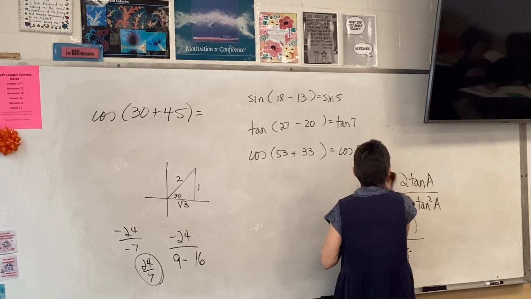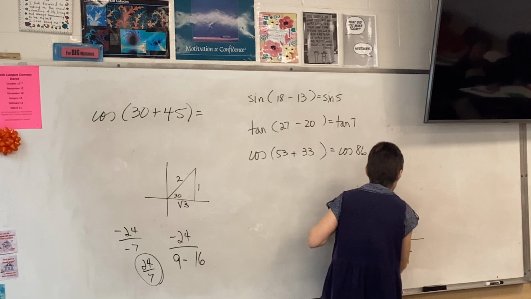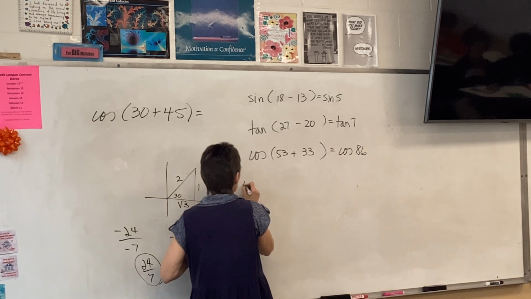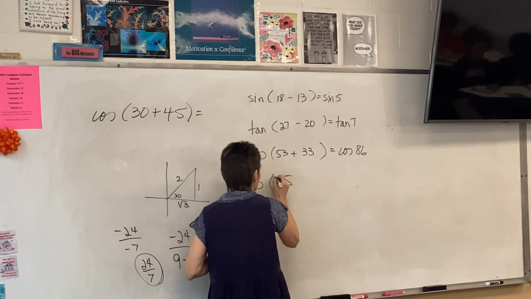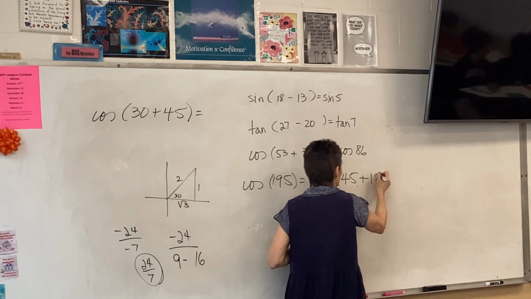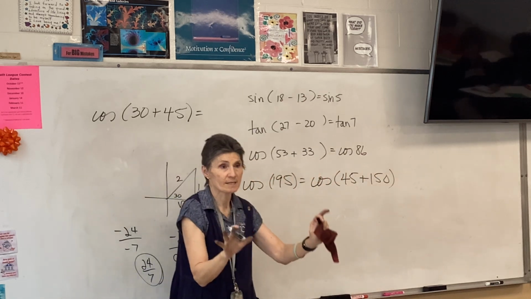Now, cosine 195. 150 plus 45. So one option, Dana shouted out, is cosine 45 plus 150. Now, there are other options, tons and tons of them.